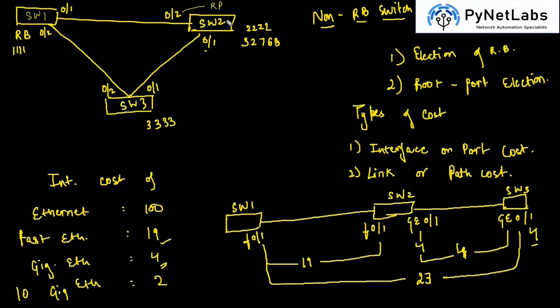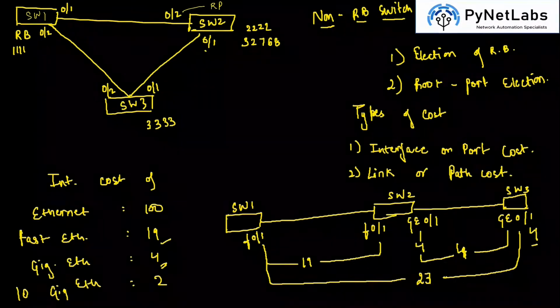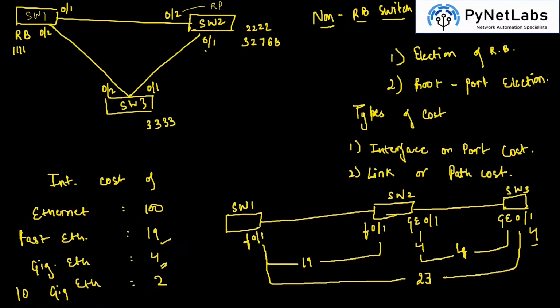Clear to you all? Is it clear how election and cost works? So sure, Sonam, the root port is FA0/2 on switch number 2. Now we are going to talk about the root port of switch number 3.